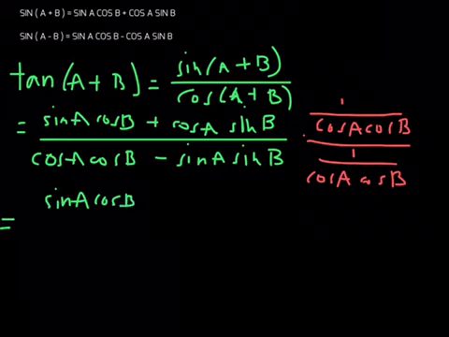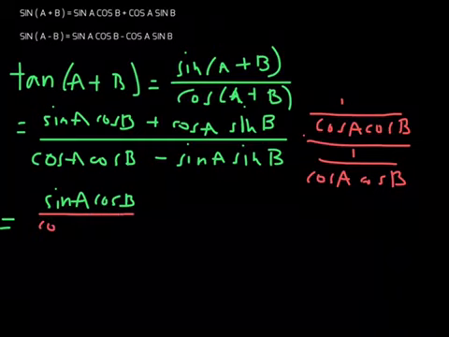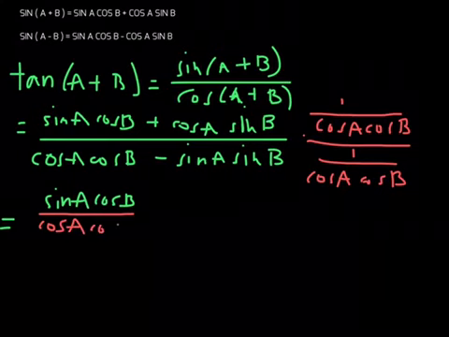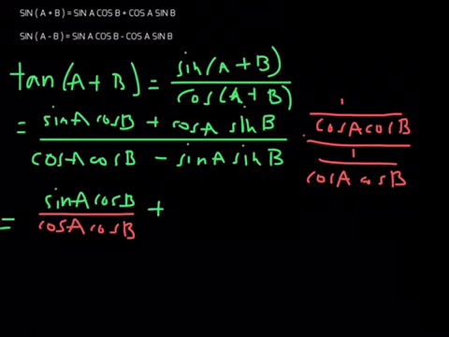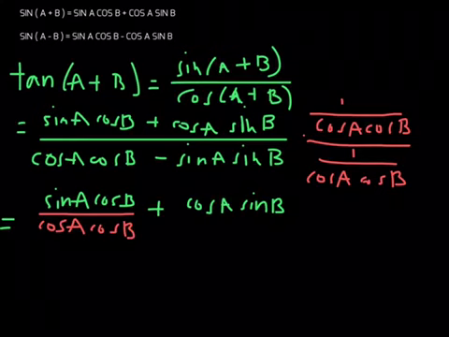Now, when you multiply this first expression, sine of A cosine B, by 1 over cosine of A cosine B, that gives you sine of A times cosine of B over cosine A cosine B. Plus cosine A, excuse me, sine B. That's this term right here that I just wrote.